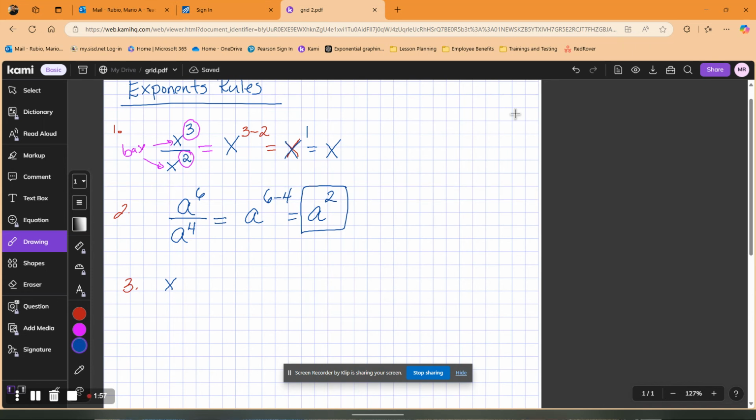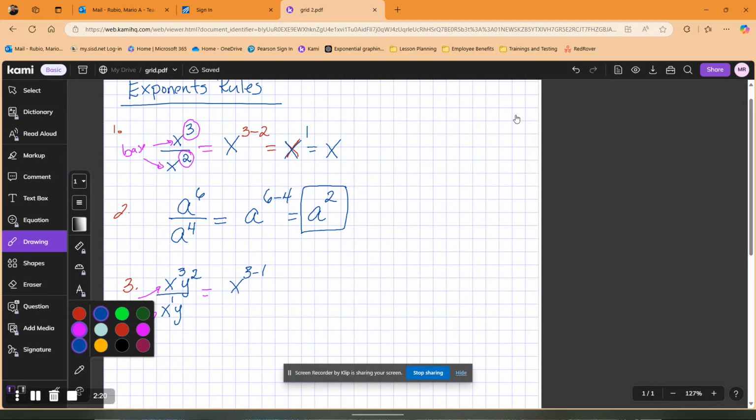You might see these. Let's change this to x. These technically are the same base, x and y, but they have different exponents, so you can treat them the same. x: 3 minus 1.